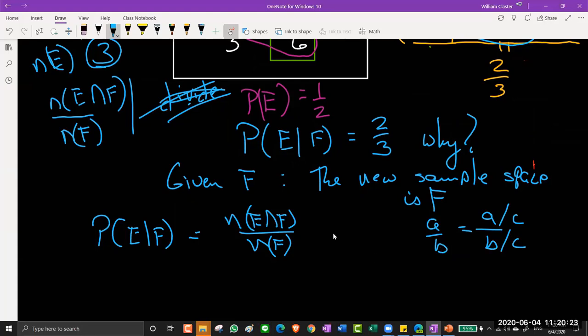Yes. So I can divide this and this by the same thing and it won't change the result. So I can divide, for example, this by that and this also by that. It doesn't change the calculation.